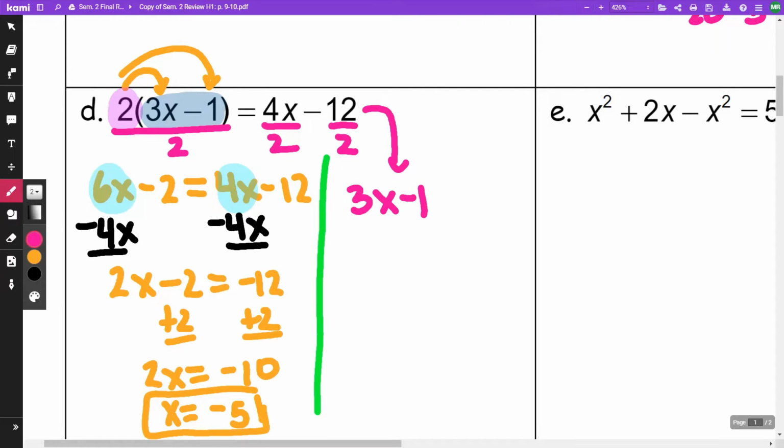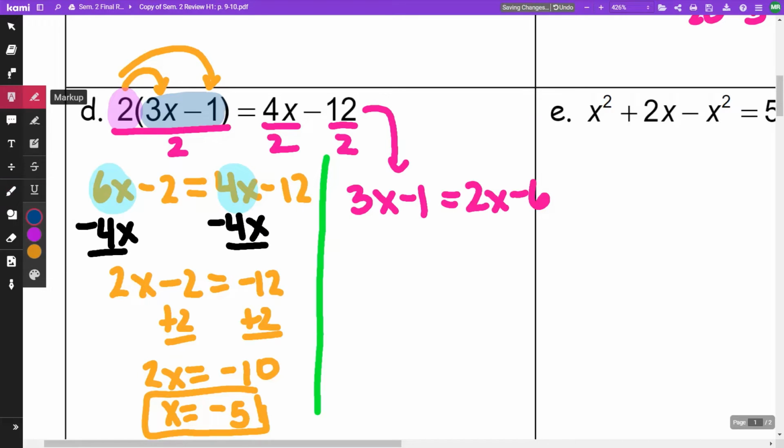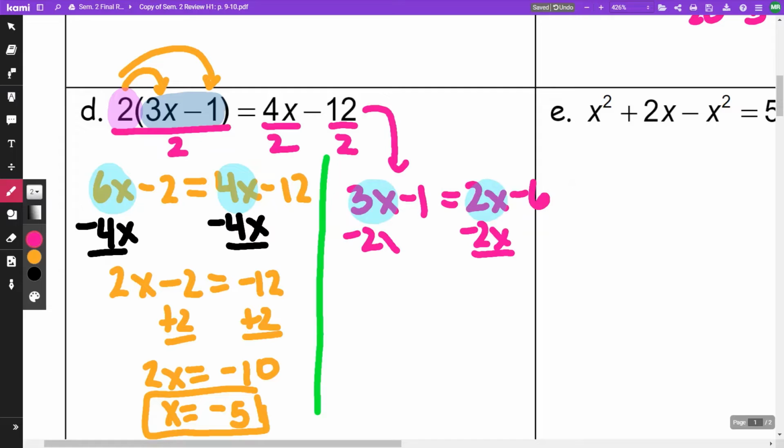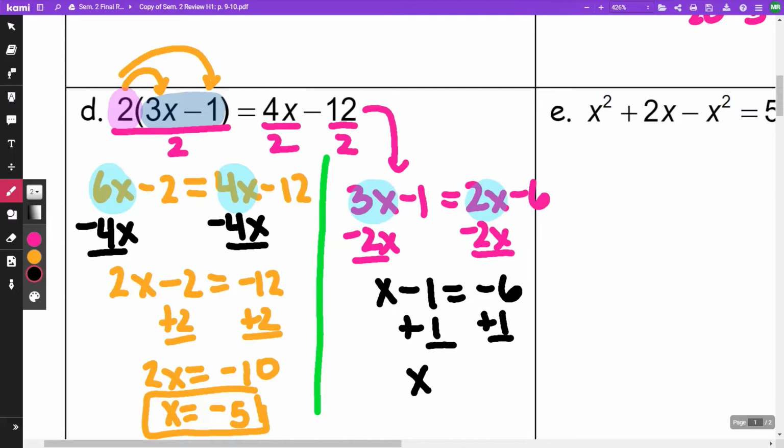And I get a 3x minus 1 equals, but again, notice I divided everything on the other side by 2. I get a 2x minus 6. At this point, just like the other problem, I do have x's on both sides. So I want to deal with those first. I am going to minus 2x from both sides. And when I do, I'm going to get x minus 1 is equal to -6. I'm going to add 1 to both sides, and I get x is equal to -5. Again, notice both ways got me the same answer.